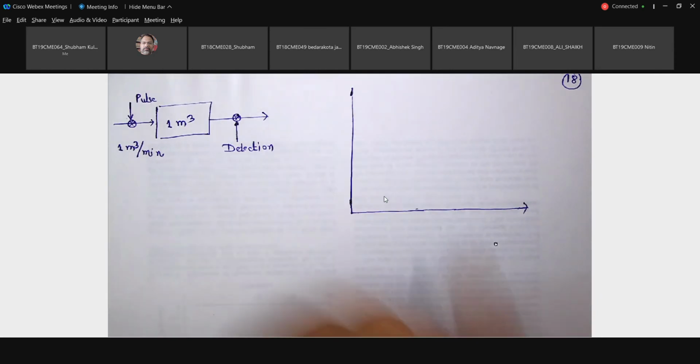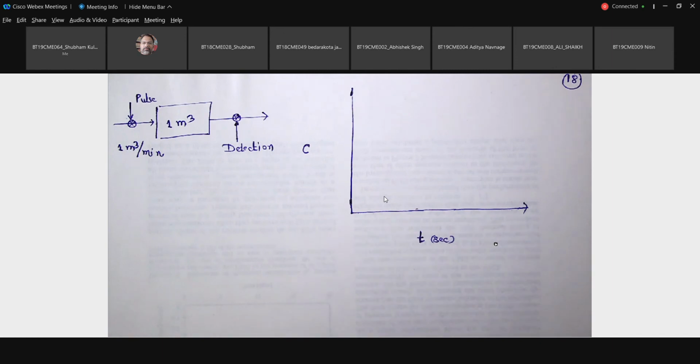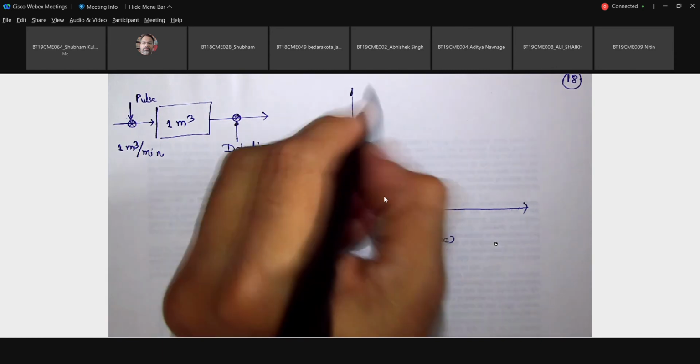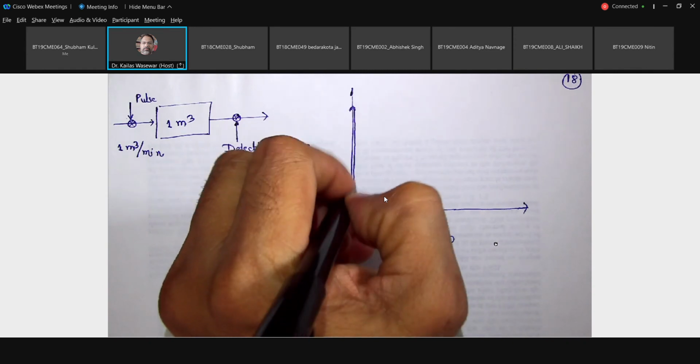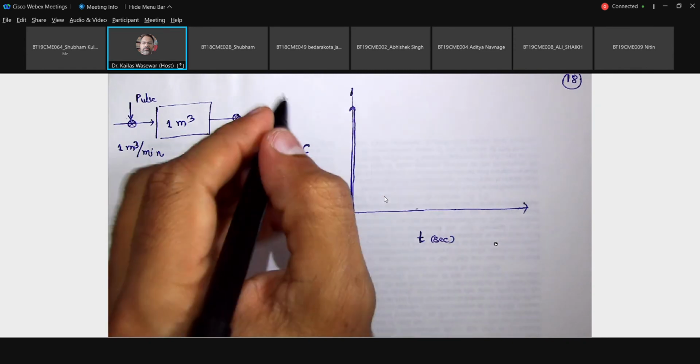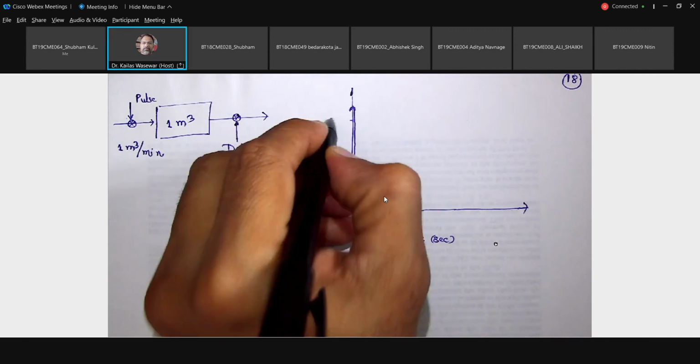So C curve. Immediately you are getting a peak here at t is equal to 0. Okay. It is 100, I think.